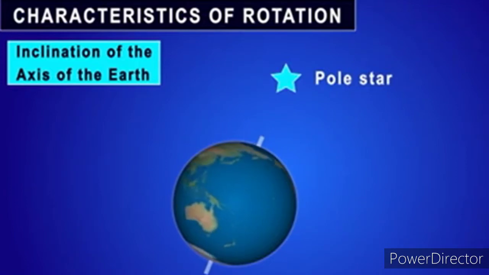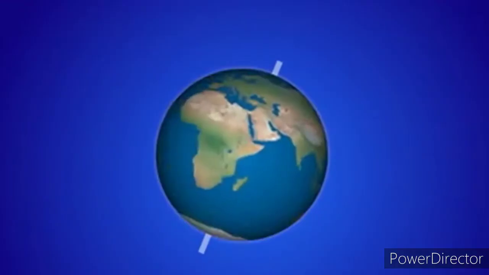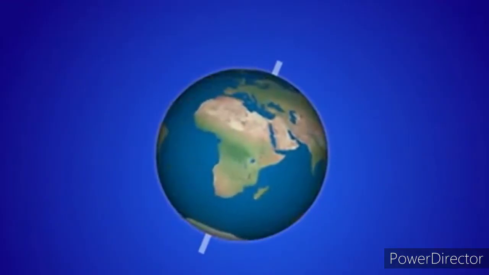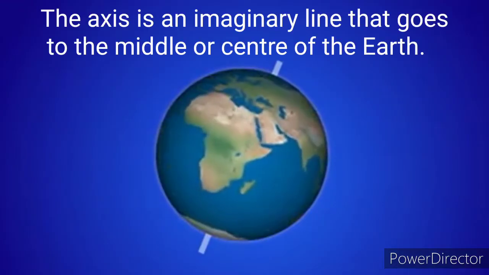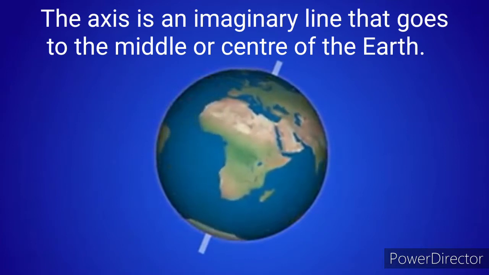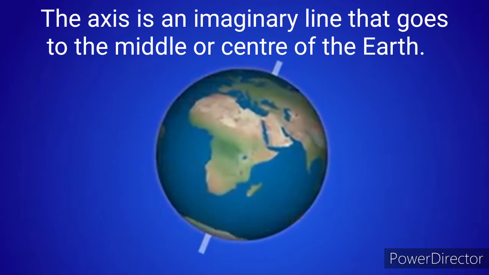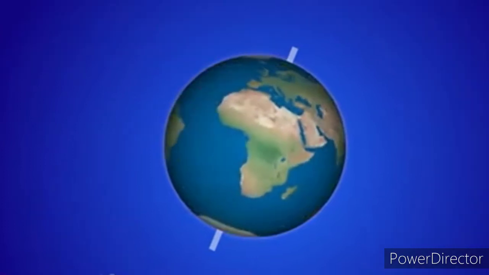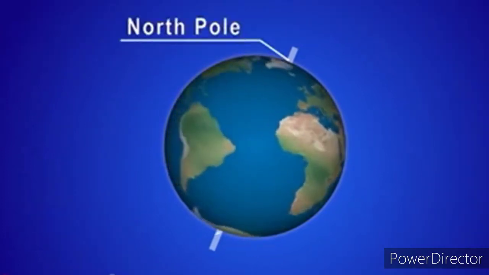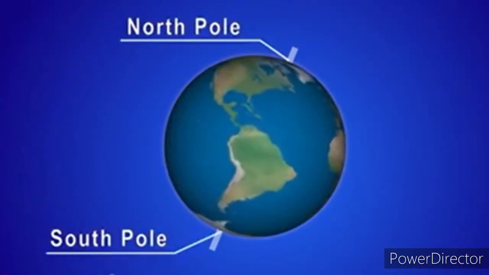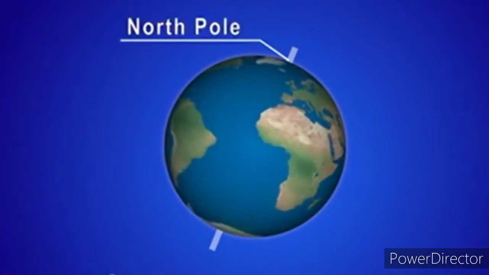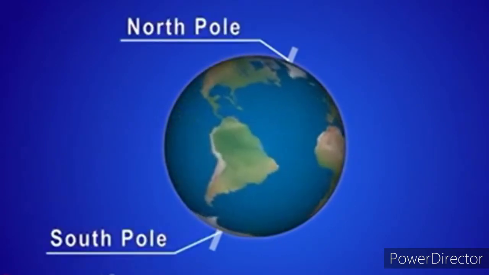It means the north pole of the earth is always pointing towards the pole star. The earth spins on its own axis. The axis is an imaginary line that goes through the middle or center of the earth. The two endpoints through which the axis passes are known as North Pole and South Pole.